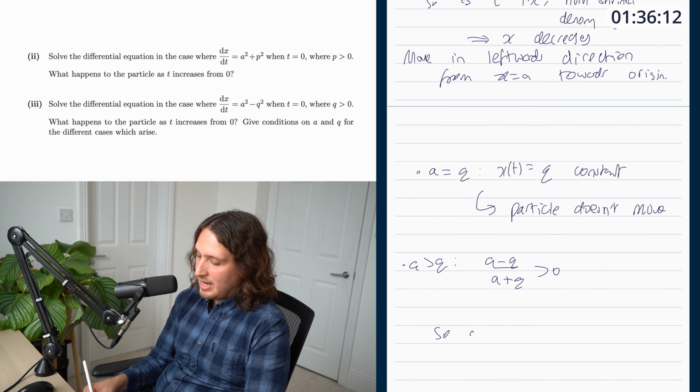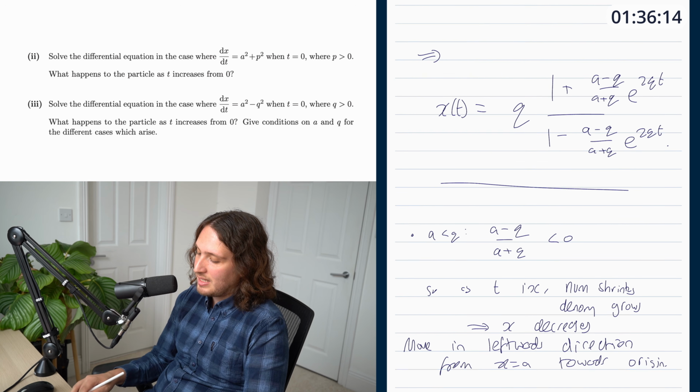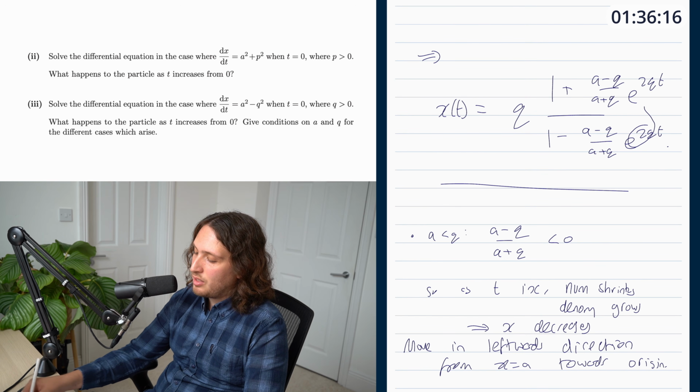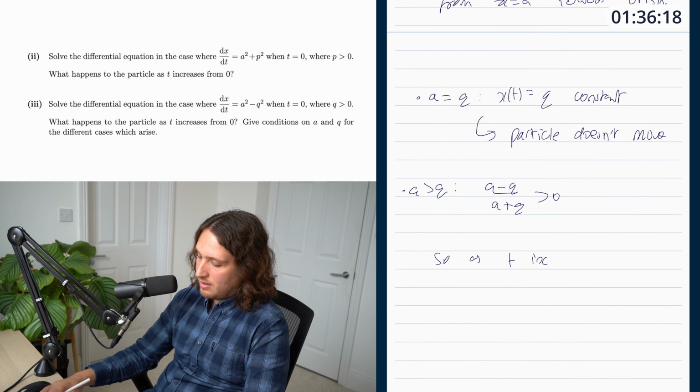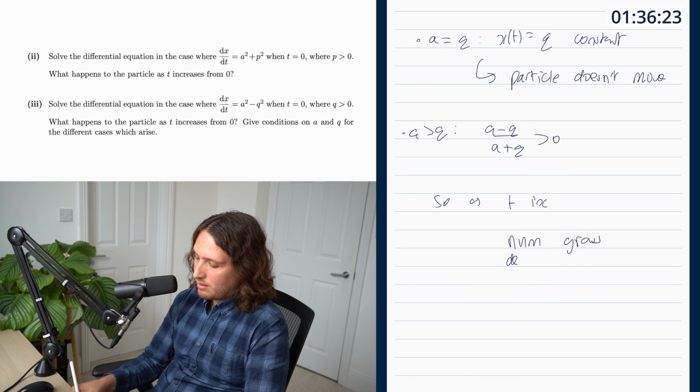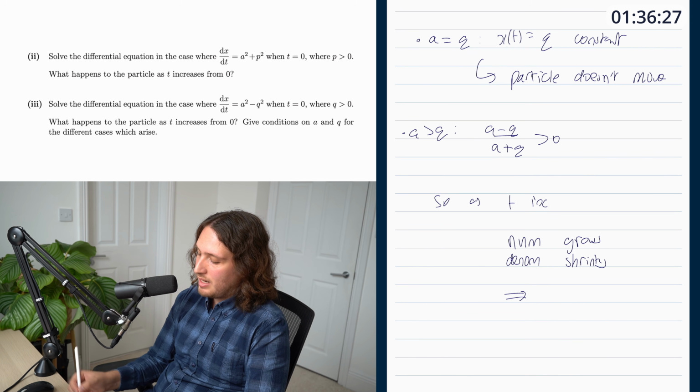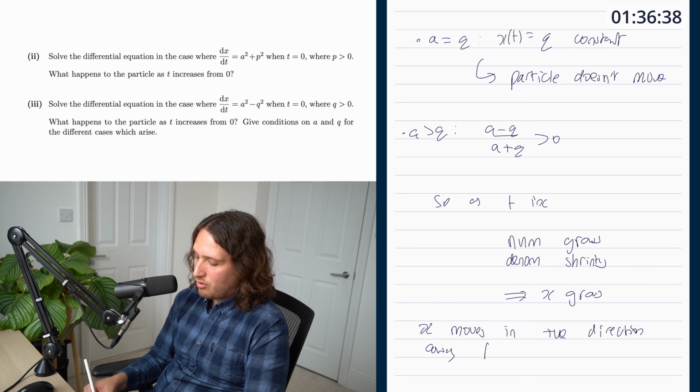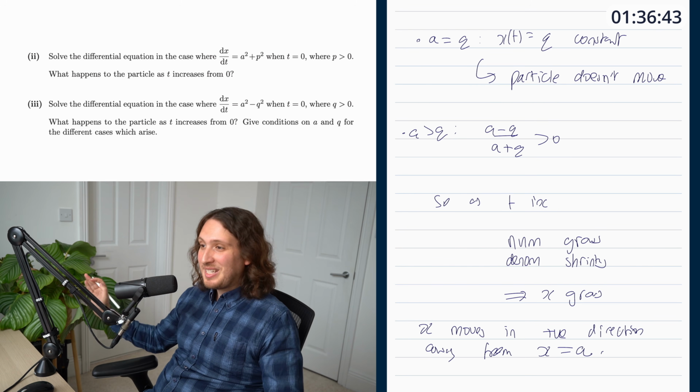So that means that as t increases, now the numerator grows and the denominator shrinks. So that means that x grows, so x moves in the positive direction away from x equals a. Okay, that's another question done.